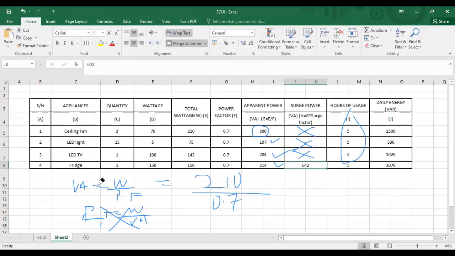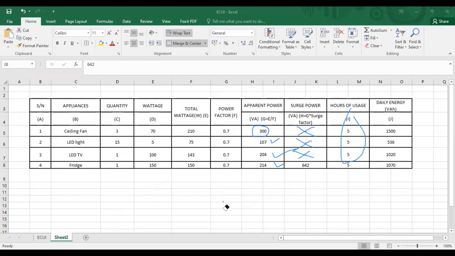The idea of surge is that if you have devices that are inductive in nature, so we have different types of load. We have resistive load, capacitive load, inductive loads. Inductive loads are loads that have coils of wire or magnetism in them, coils of wire wound round a magnet, like in the case of a transformer.